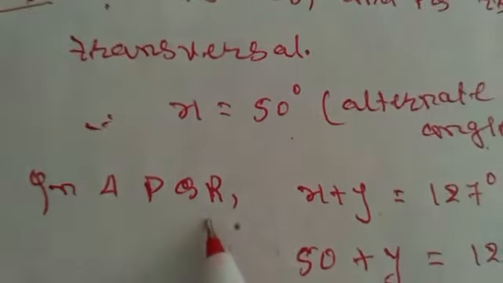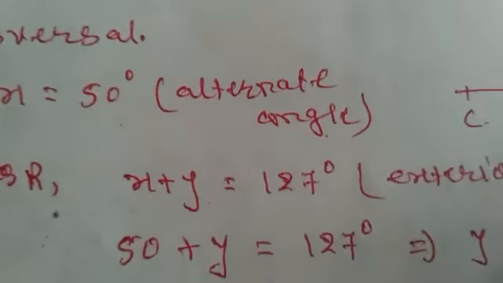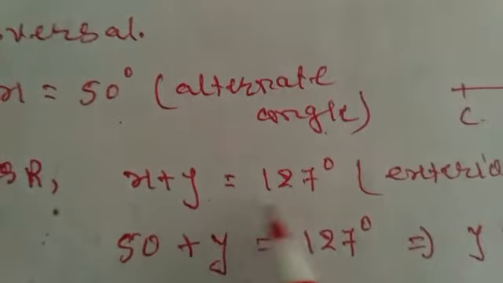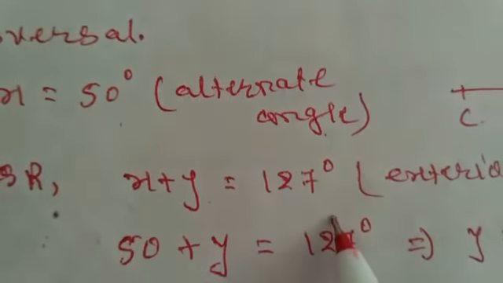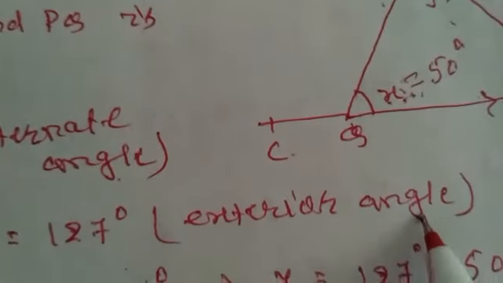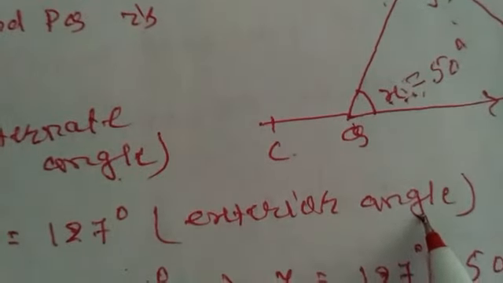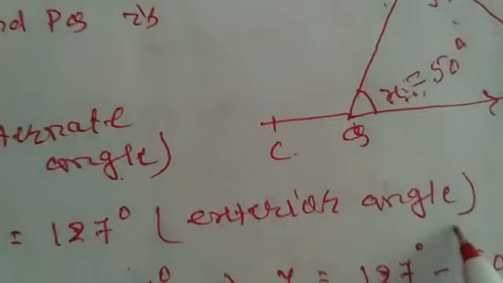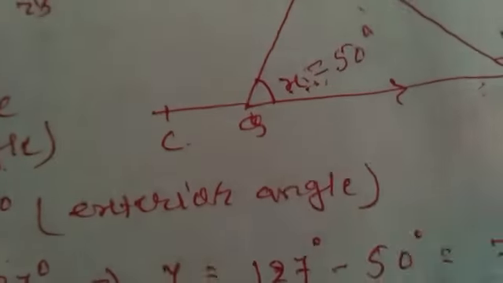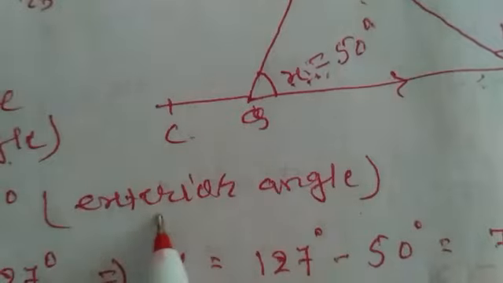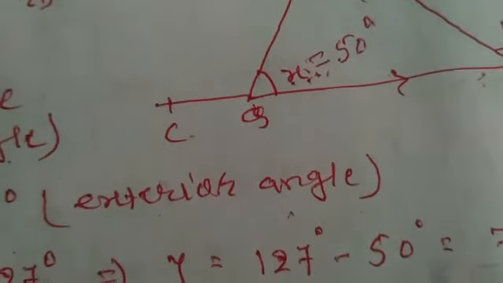Now in triangle PQR, we can have X plus Y equals 127 degrees. This is due to the exterior angle property of a triangle. You may write it as exterior angle or exterior angle property also.